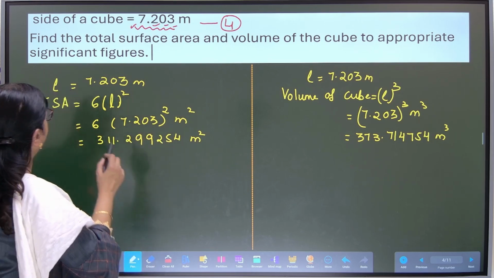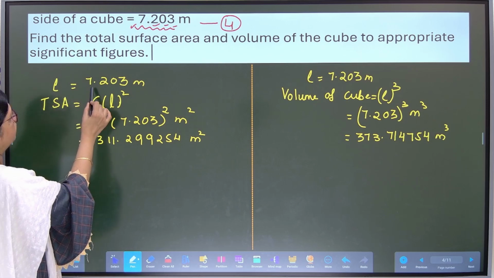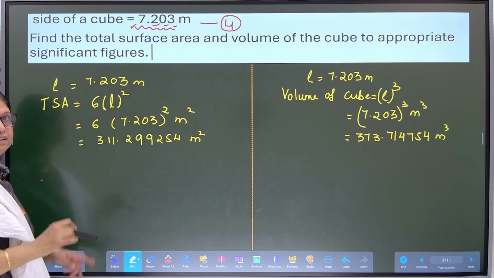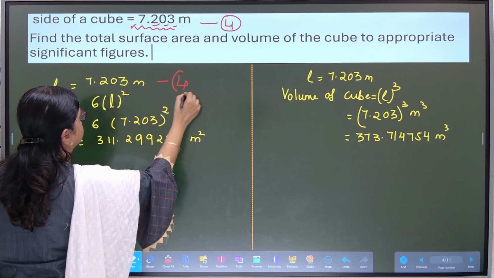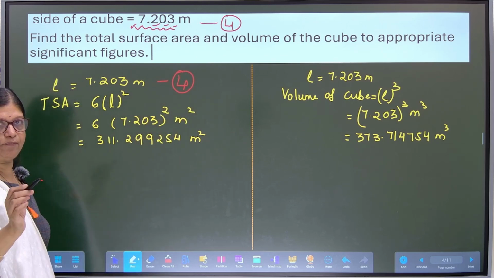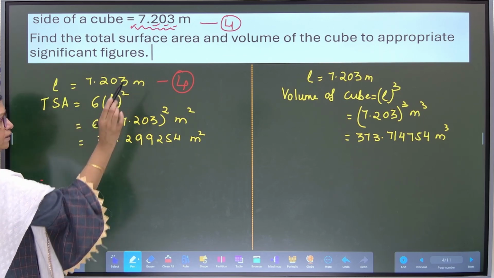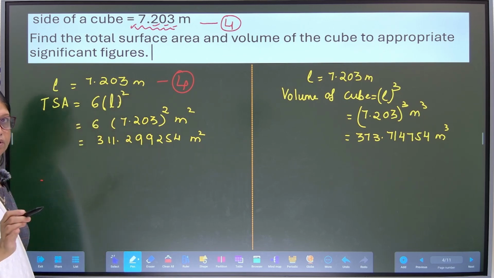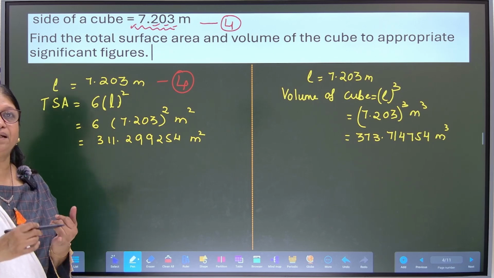Okay, so now the length of the side of the cube is equal to 7.203 meters, that is given to us as the data. This has 4 significant figures, and the total surface area, TSA I have written in short, is equal to 6 into length square. I have just substituted the value so that we complete the video faster and understand the concept.